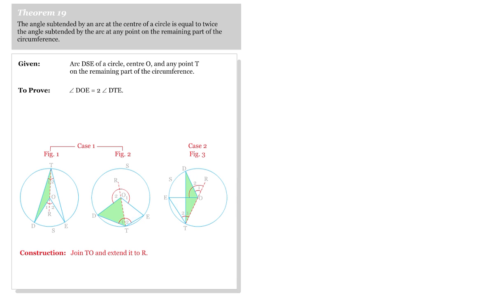Look at the proof. In all of the cases, angle D1 is equal to angle T1, since the radii DO and TO are equal, implying that the triangle TDO is isosceles.